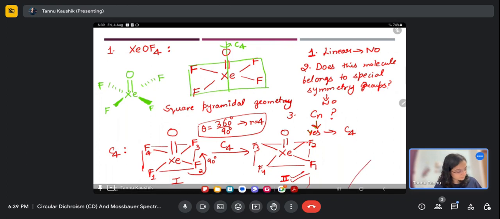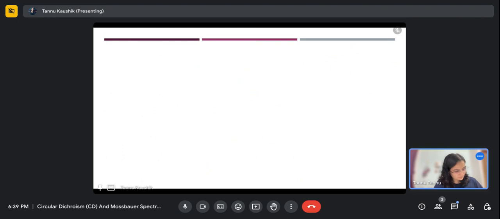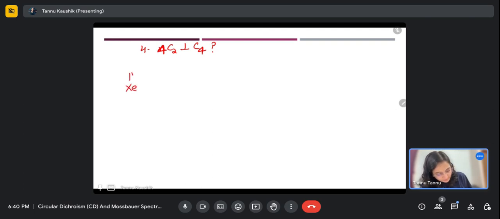Okay, so now the next question we will be asking is whether we have nC2 axes perpendicular to this C4, so here n will be 4. Do we have four C2 axes perpendicular to C4? I'm drawing this structure again.